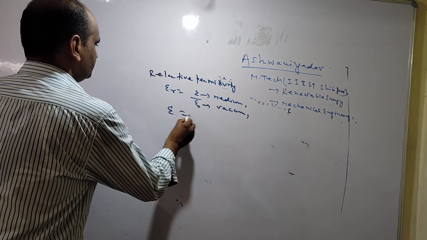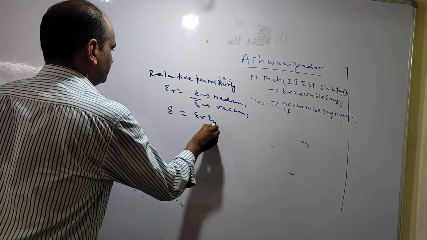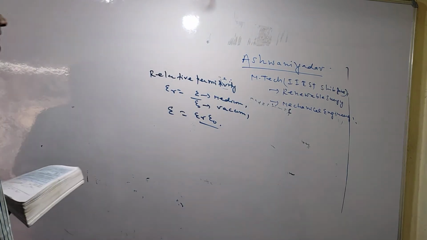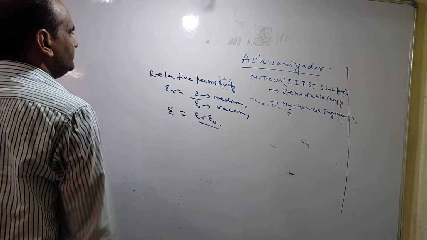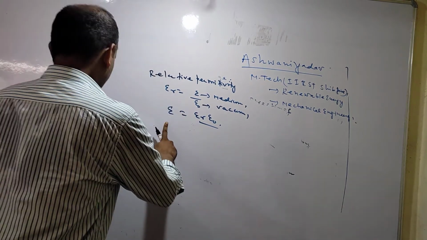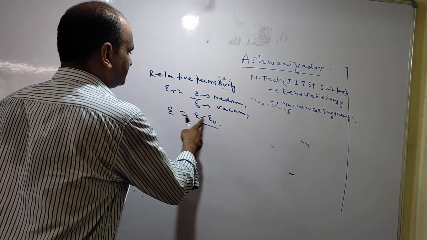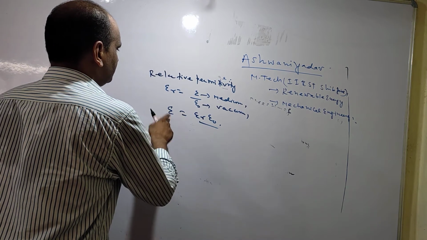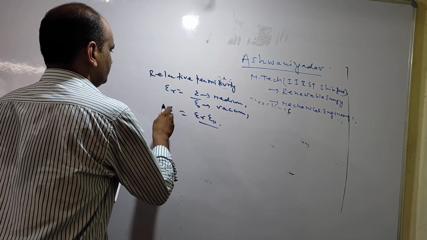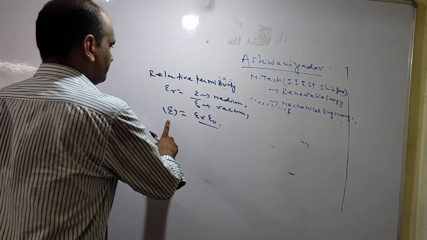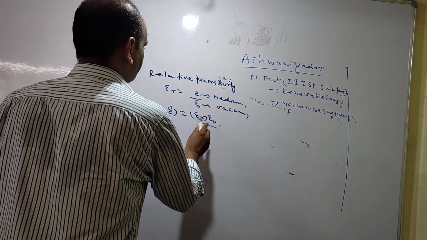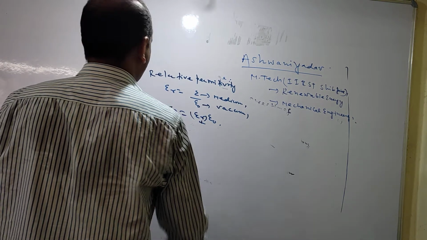So this is the permittivity of the medium. This will be given, just multiply this term and you will get what you want for the medium. This is the permittivity of a medium, and it is found by experiment.